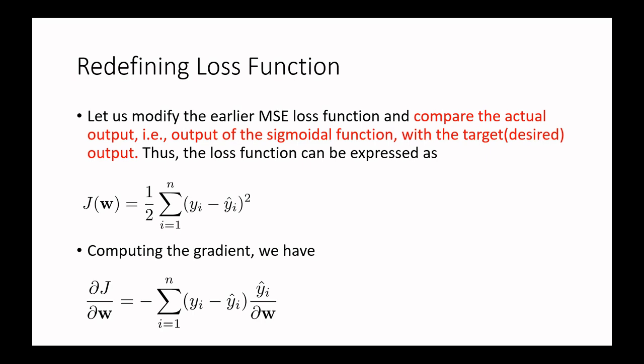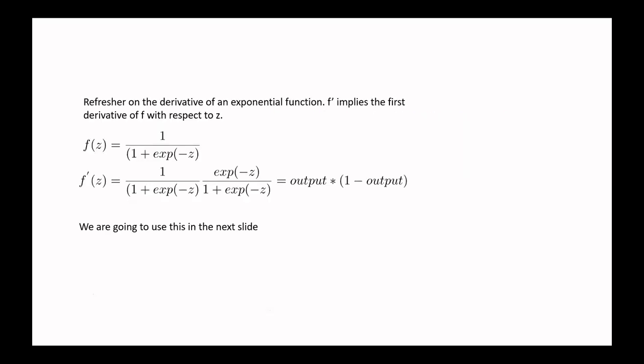All right. So in this case, if we calculate the gradient, we get a slightly different expression as we are showing you here. All right. Now it turns out that we are taking the derivative of yi hat with respect to w. And yi hat involves an exponential function or whatever other activation function you might be using. All right.